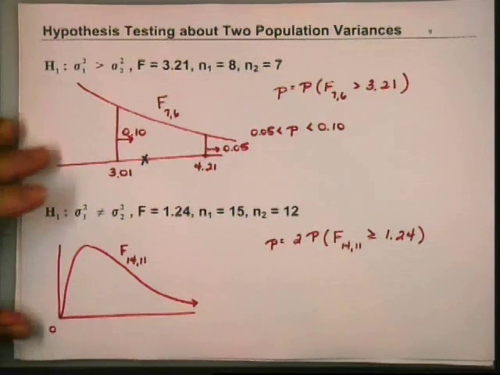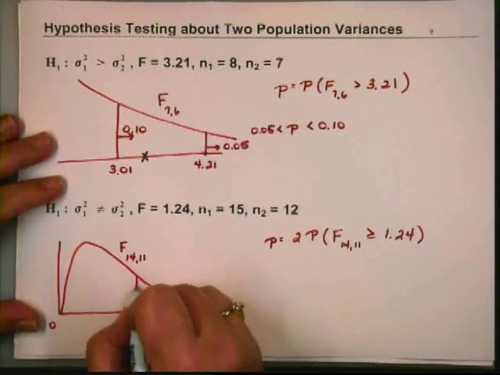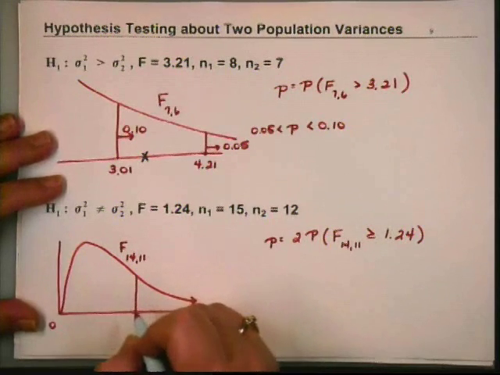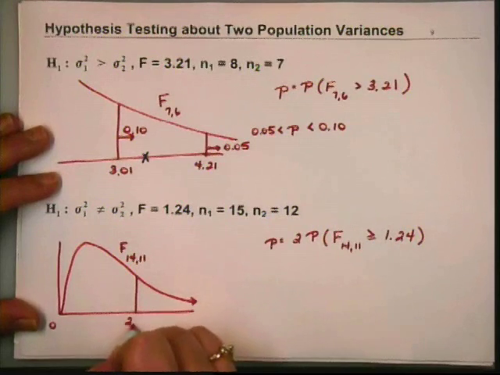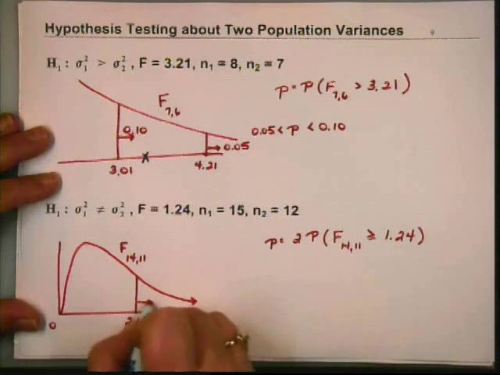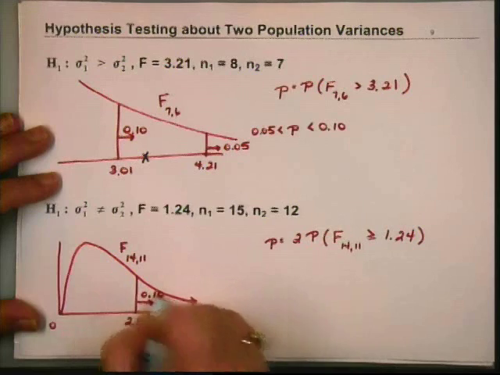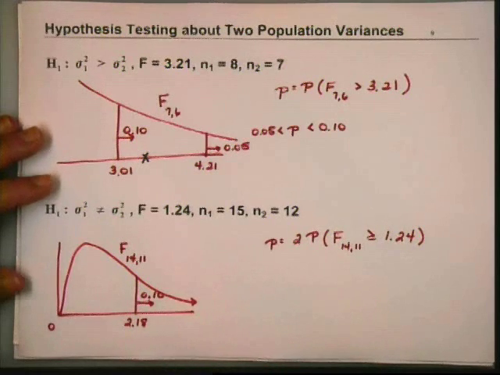When you start going in this, your very first lookup, you get 2.18, determining a right-hand area of 0.10. Agreed?